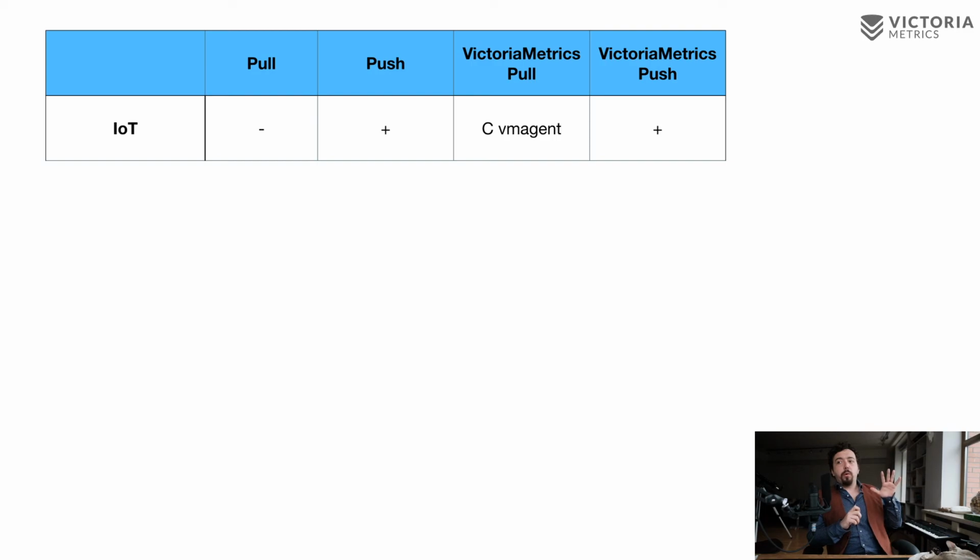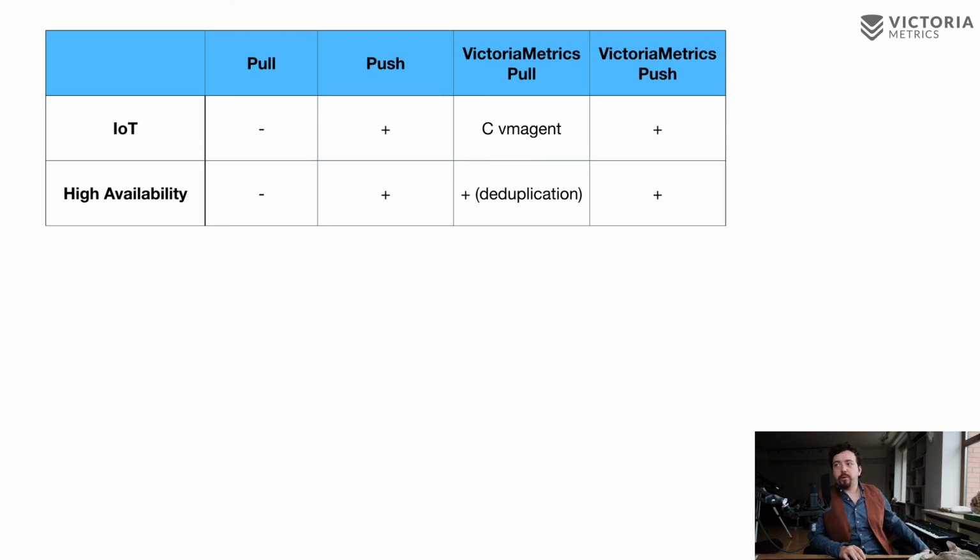But push works here, and in VictoriaMetrics it works as well because we have VMagent in our solution, and definitely it works with VictoriaMetrics push.